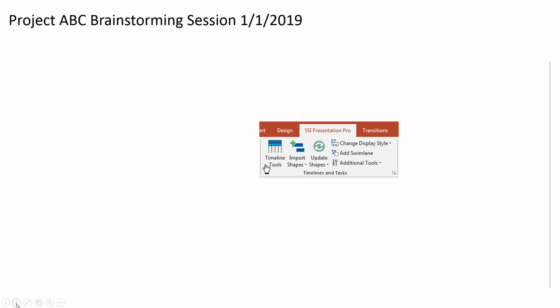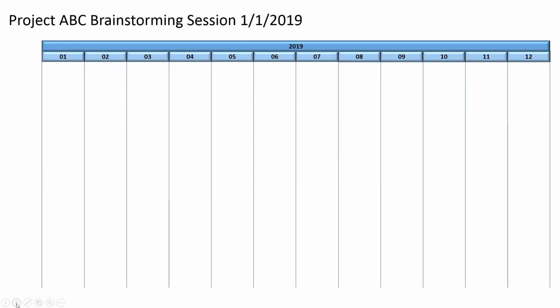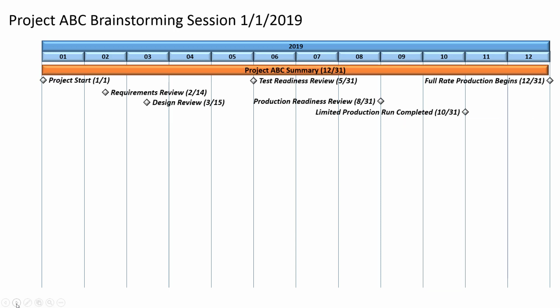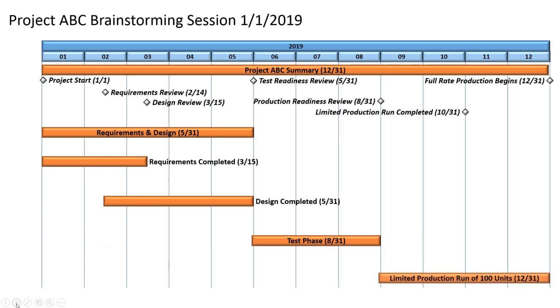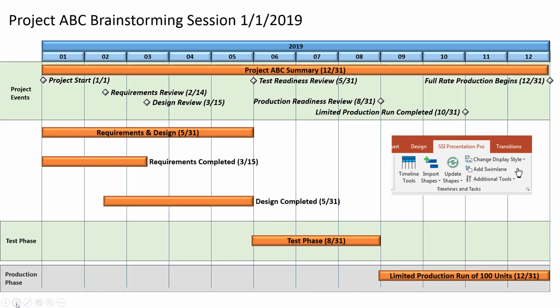to make a timescale on the page, shape tools to manually add milestones, tasks, and summaries, Swimlane tools to group items on the page by their common category.